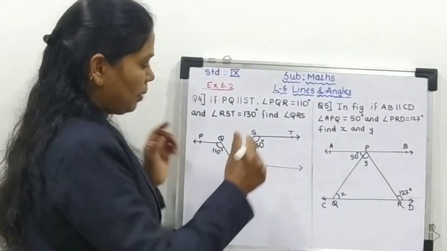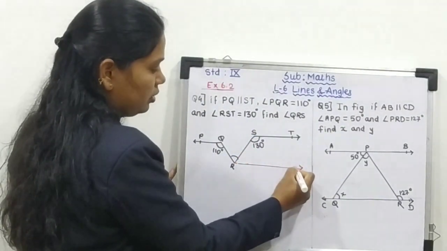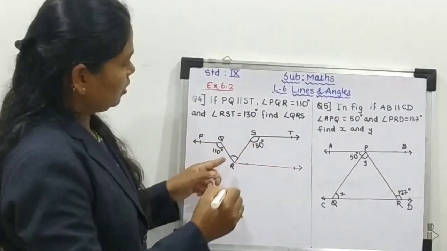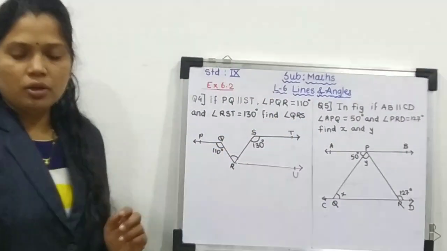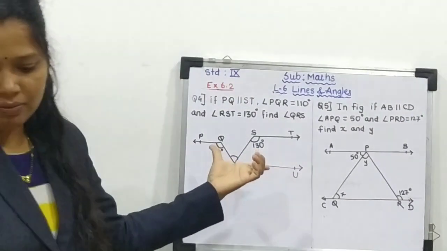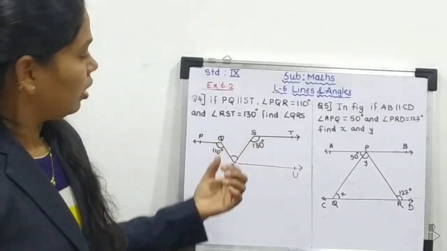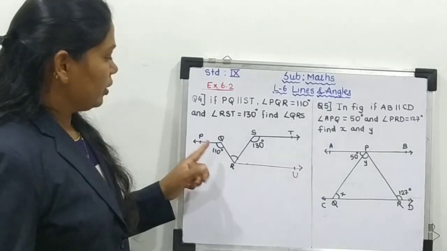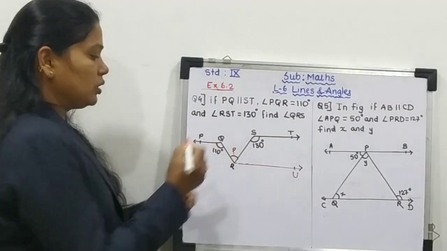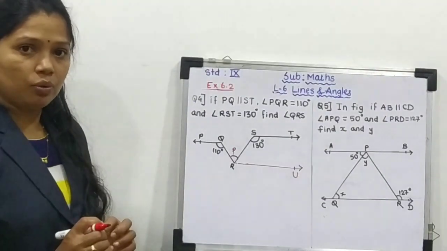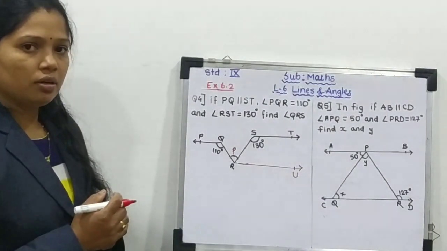That parallel line I will label here as RU. So that parallel line we have drawn. Now what are we going to do? That angle QRS, this question mark, this angle we are going to find out. So how will we find it?